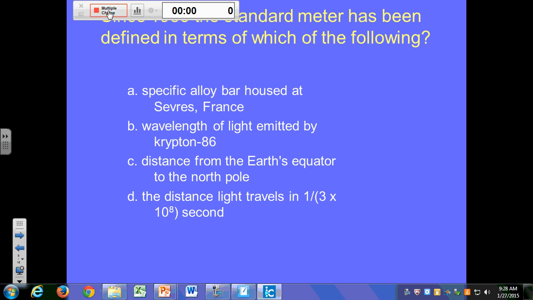Since 1983, the standard meter has been defined by which of the following? So which of these is the current standard for the meter? A bar in France, wavelength of light of krypton, the distance from the Earth's equator to the North Pole, or the distance that light travels in a certain amount of time?